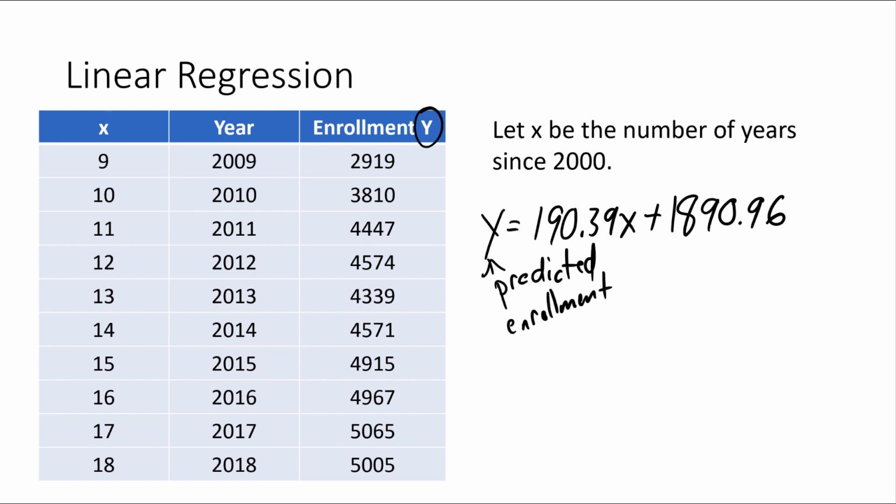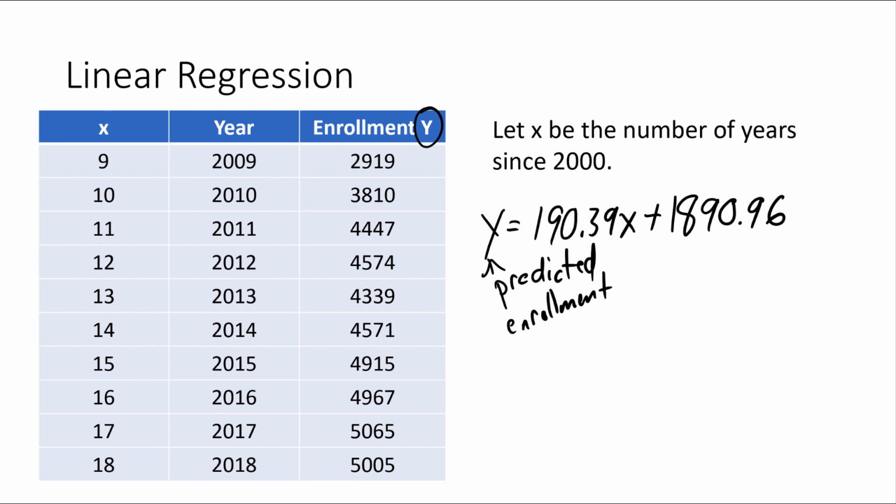The actual enrollment values are the Y values, but in the equation itself, Y is the predicted enrollment based on our regression line. So there's a homework question that asks what that Y value means, and it is the predicted enrollment when the Y is in the equation.